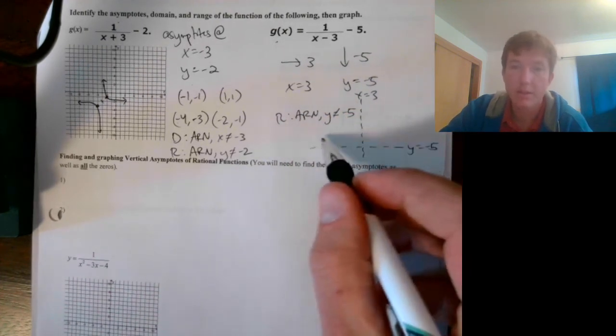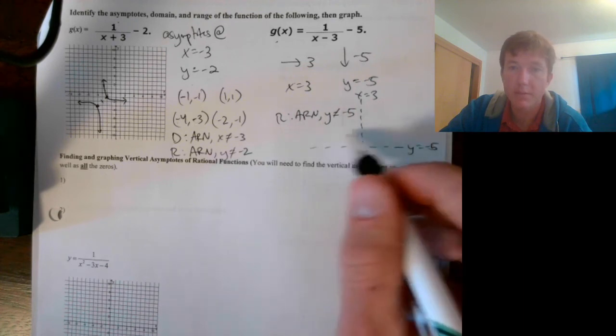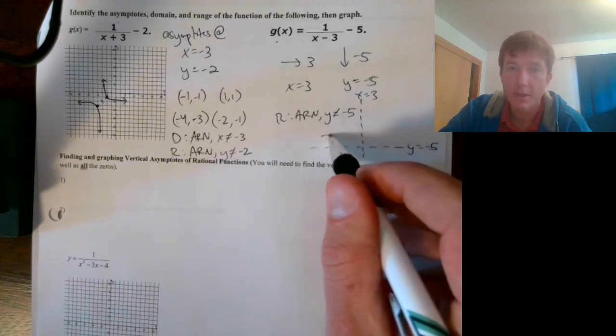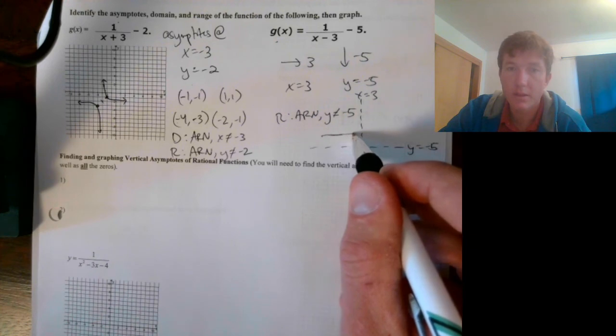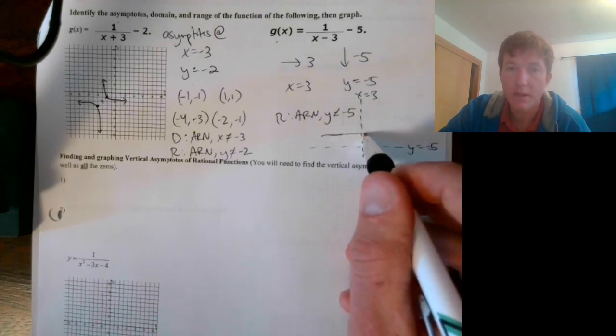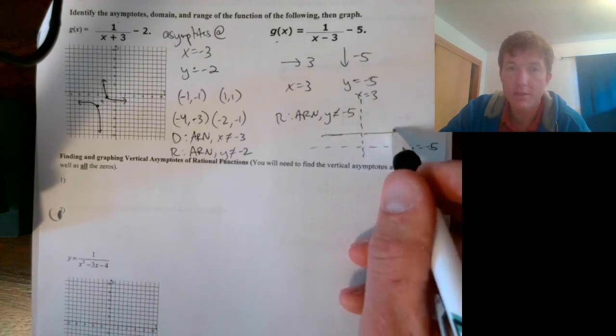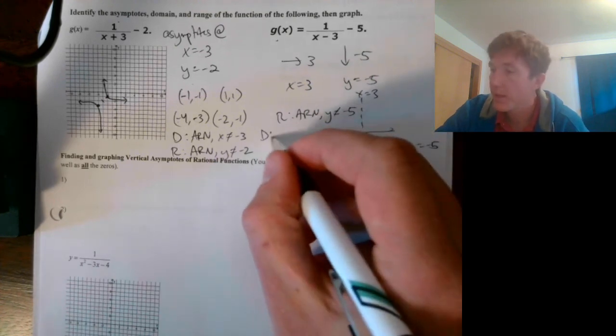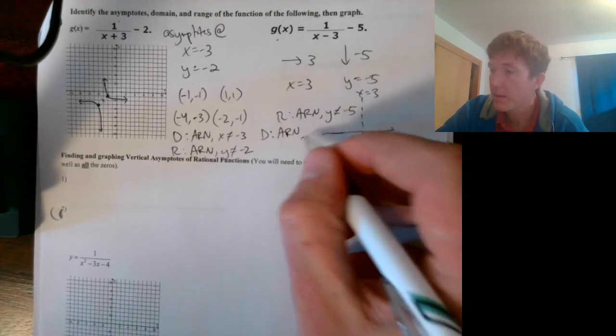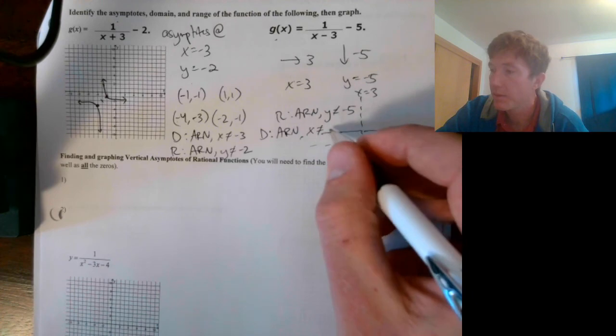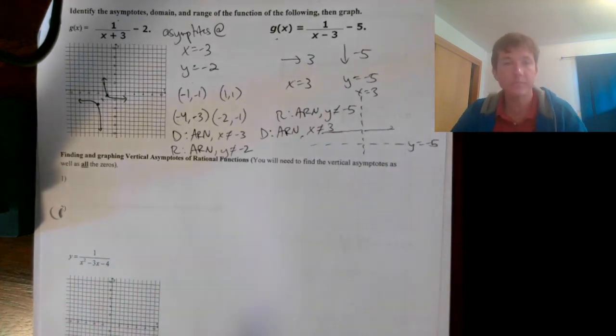And then think of this line right here as splitting up your domain. Here's your graph, it hits this spot, and then it has to jump. It's discontinuous at that spot. So our domain is all real numbers, but x can't equal 3. Alright?